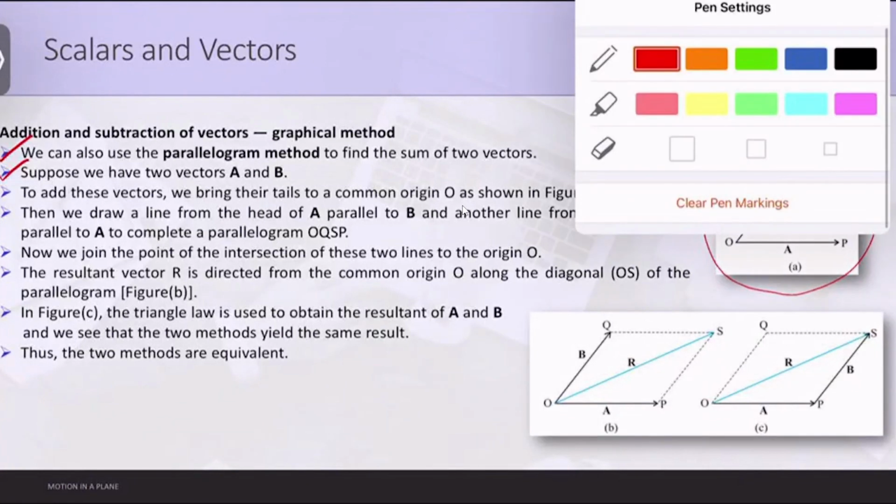Let us suppose this is that vector A and this is that vector B. Okay, so what basically the parallelogram law of addition says is that you draw one imaginary line at the head of A, similar to the length of B. So this is your vector A, this is your vector B.